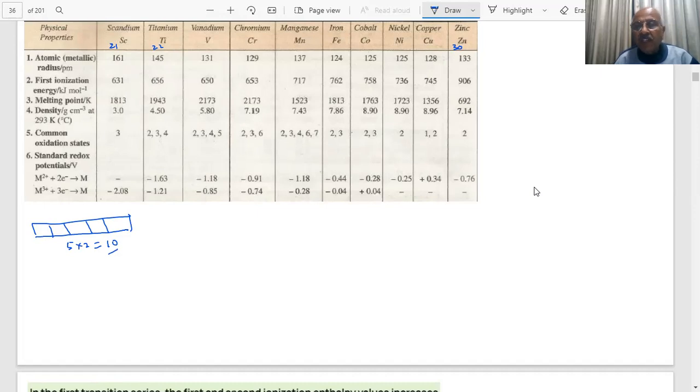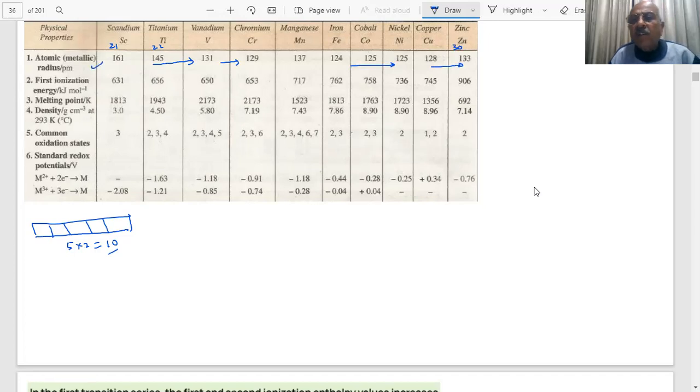As you can see, 161, 145, so there is a very small decrease in the sizes, then almost the same, and then a slight increase. These are the atomic sizes in picometer.